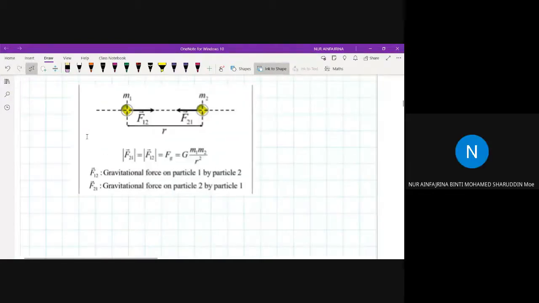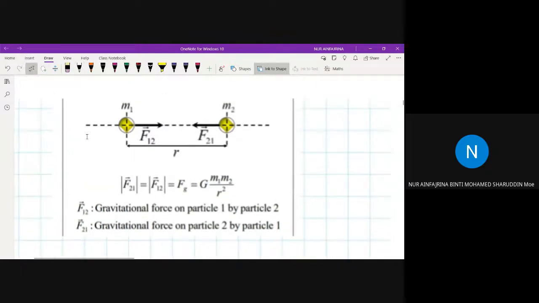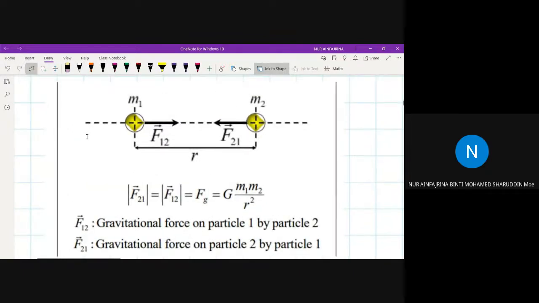Okay, now sekarang awak cuba tengok. Now you have 2-point masses. Maksud 2-point masses adalah kalau awak tengok ini, ini. This is the 2-point mass 1 and this is 2. So maksudnya you ada 2 objects lah, or we call it as 2 particles. So these 2 particles akan ada Newton's law of gravitation ataupun gravitational force because it is always attractive. They are attracted towards each other.